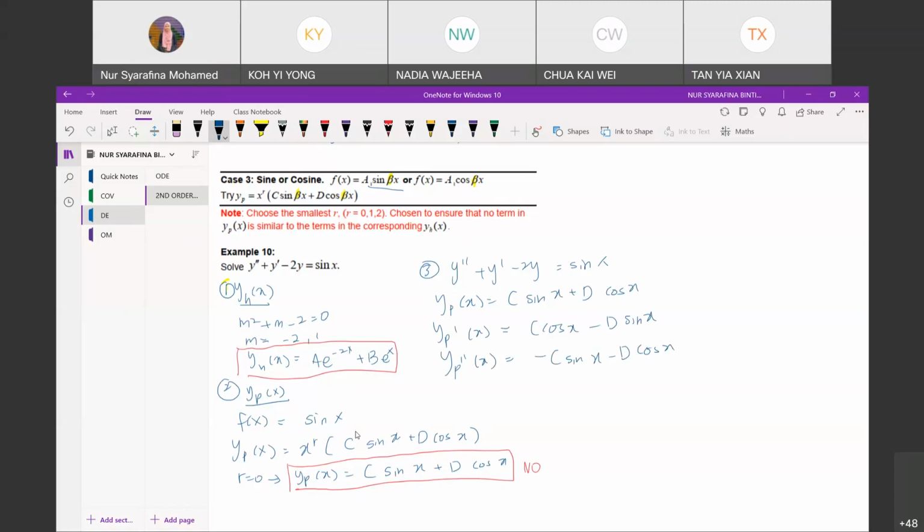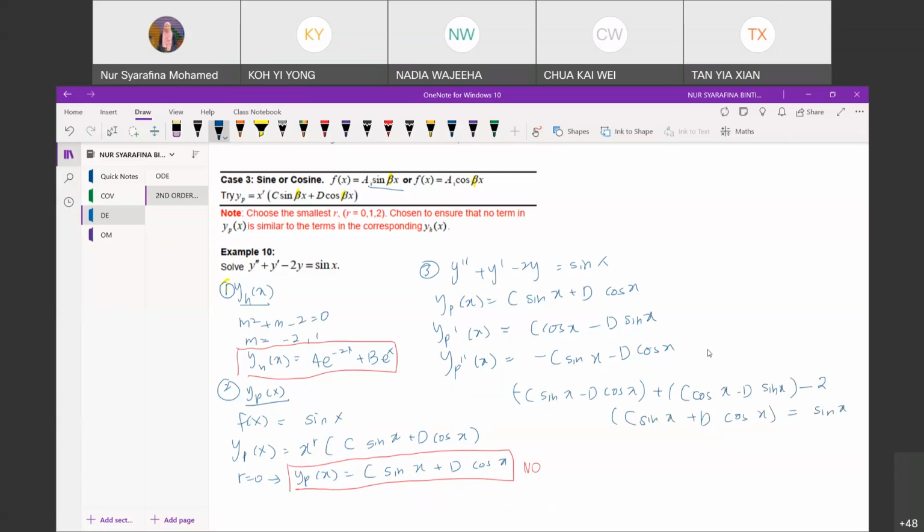Substitute here, and compare with sine x.